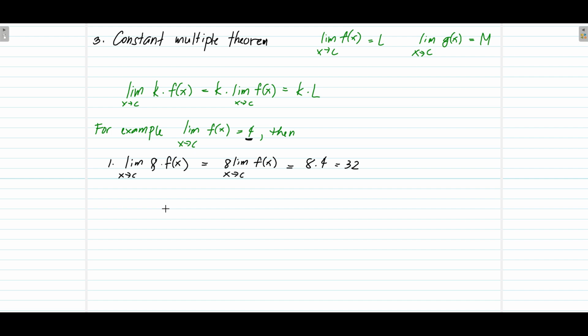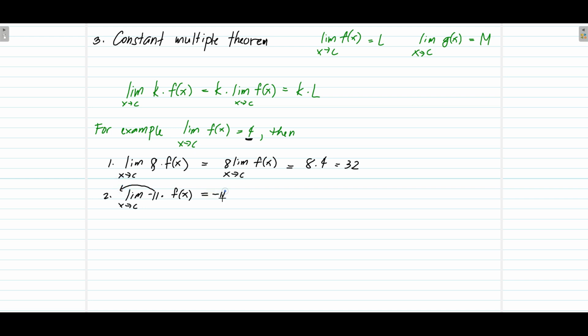Let's try another example. Limit of negative 11 times a function f of x as it approaches c is equal to, labas natin si negative 11.